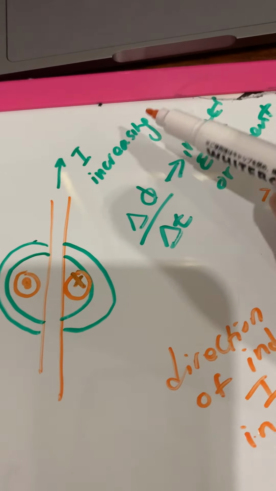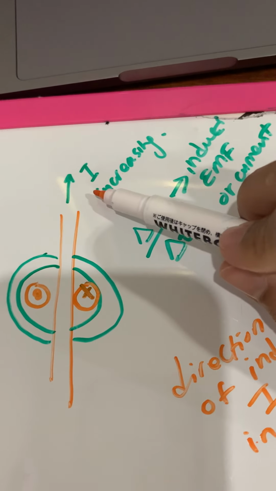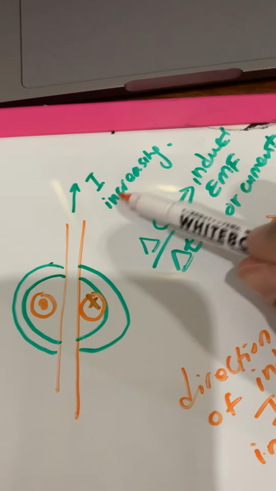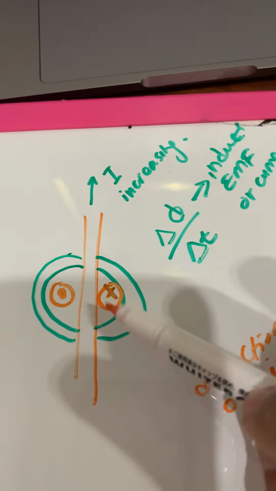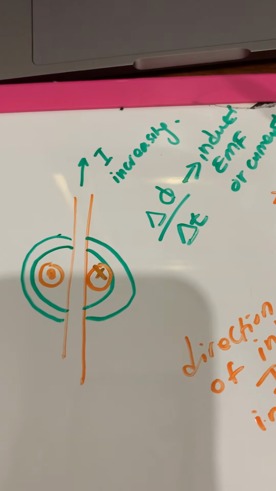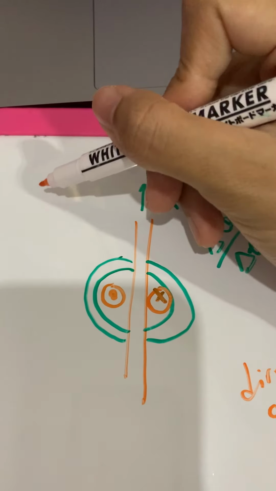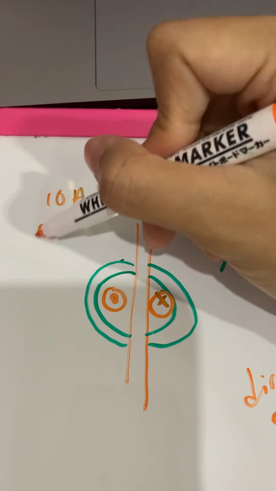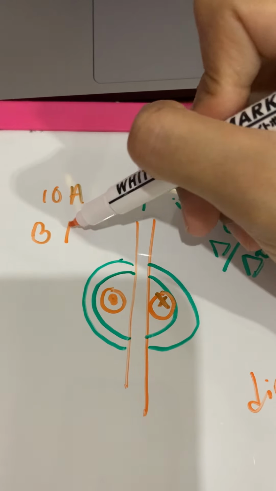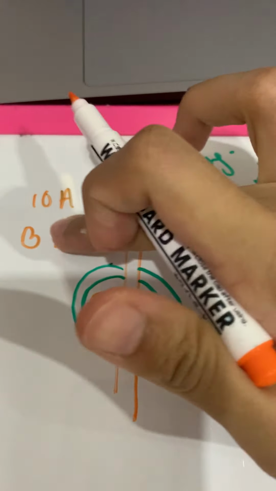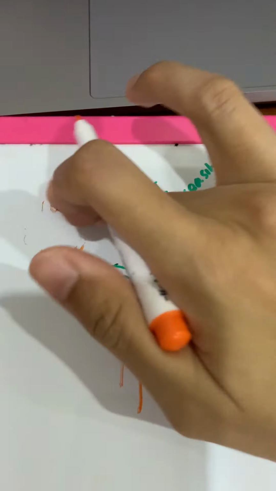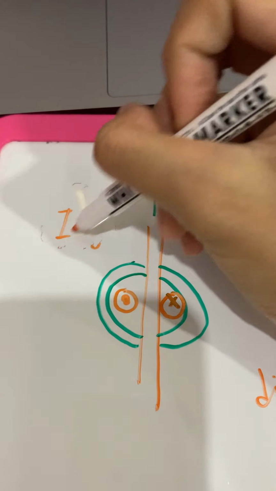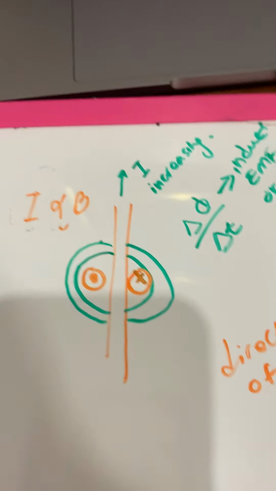Okay, I said when you have I in a wire, you will have B. What happens when you have I that is increasing? Your B will also increase. So let's say if your I is 10 ampere, your B will also be 10, proportional. Let's just say proportional. Okay, so your I will be proportional to your B, or your B is proportional to your I.